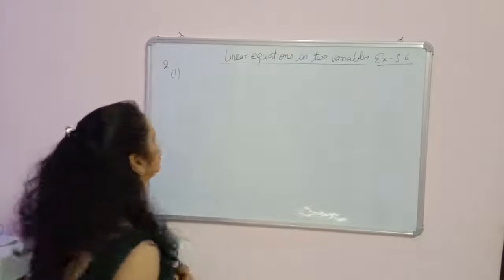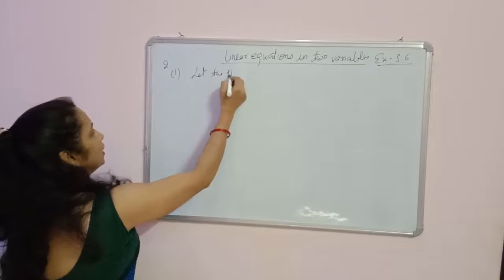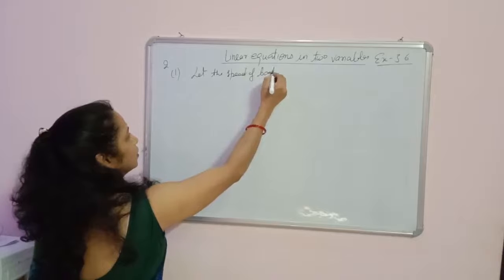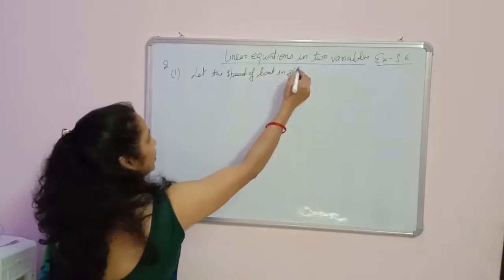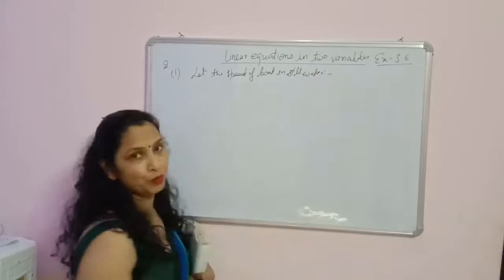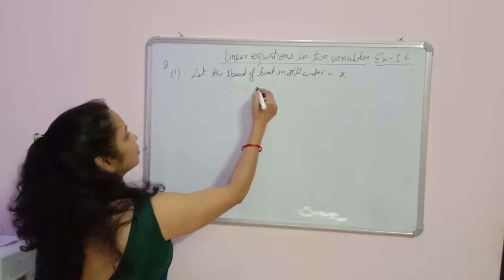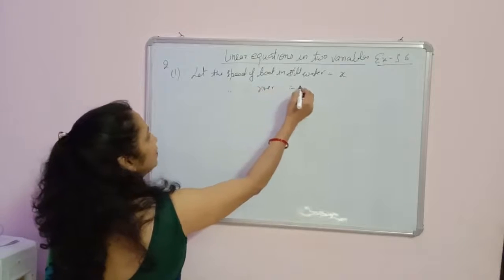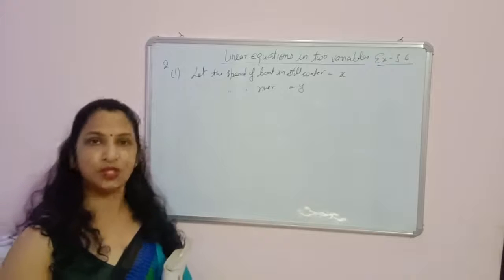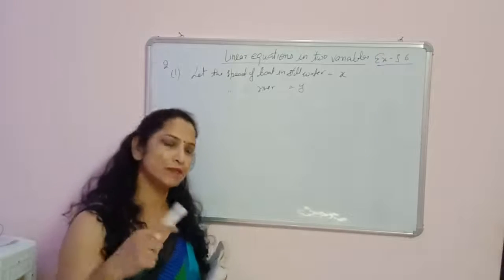So first you will say, let the speed of the boat in still water be x. It's very important that you write the speed of the boat in still water. And the speed of the river is equal to y. So you should know that in case of downstream the speed is x plus y, and in case of upstream the speed is x minus y.